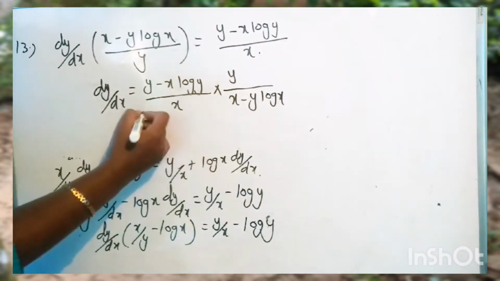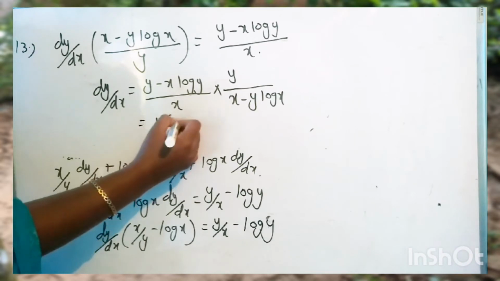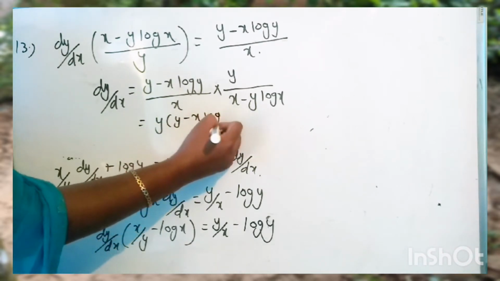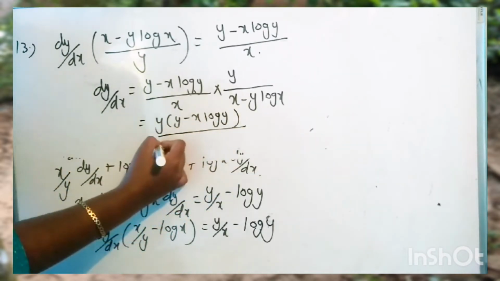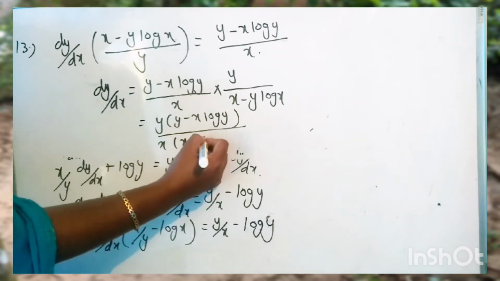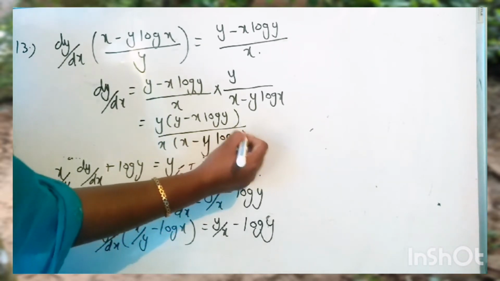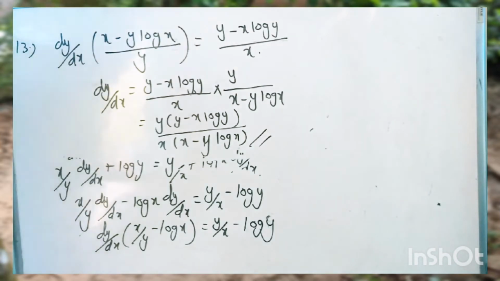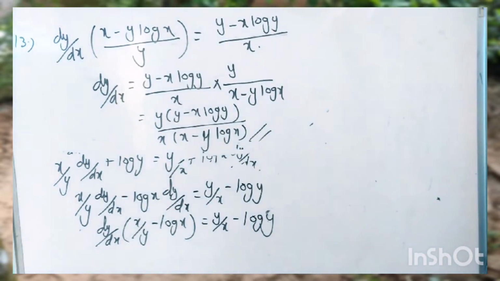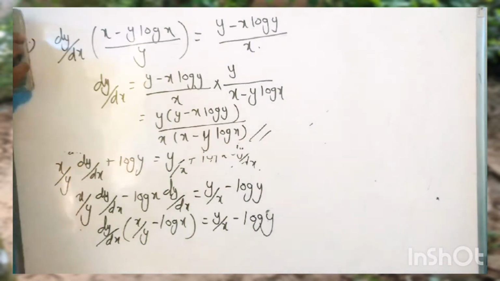That we can rewrite as y into (y minus x log y) divided by x into (x minus y log x). Okay, this is the derivative of the given function. 14th question.